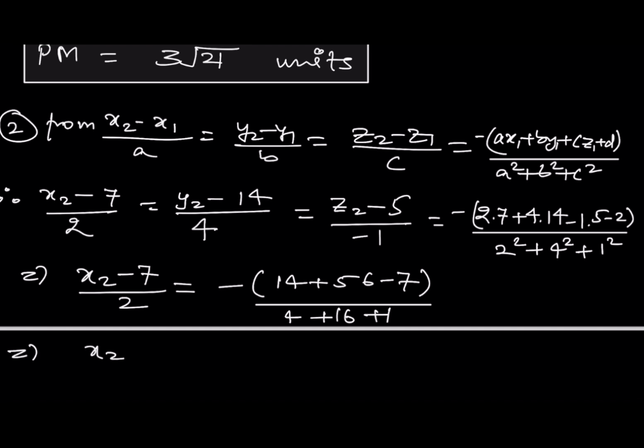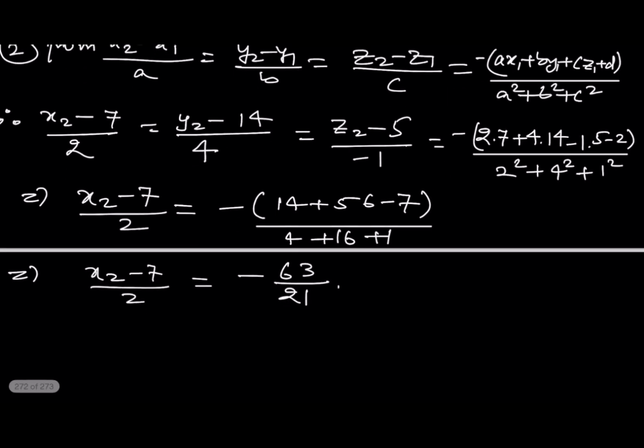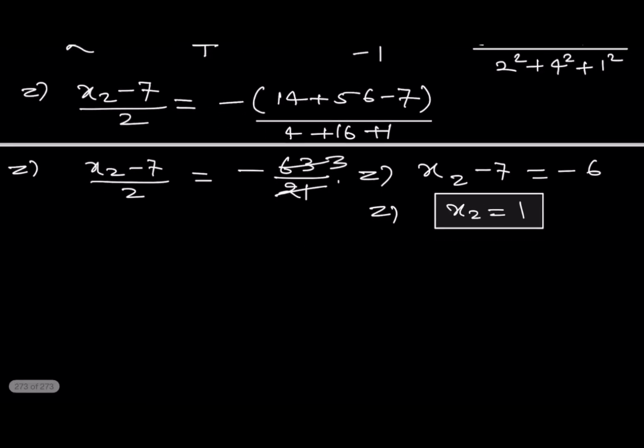So x2 minus 7 upon 2 is equal to minus 63 upon 21, right? Or this is 3. So x2 minus 7 is equal to minus 6, or x2 is equal to 1, right?